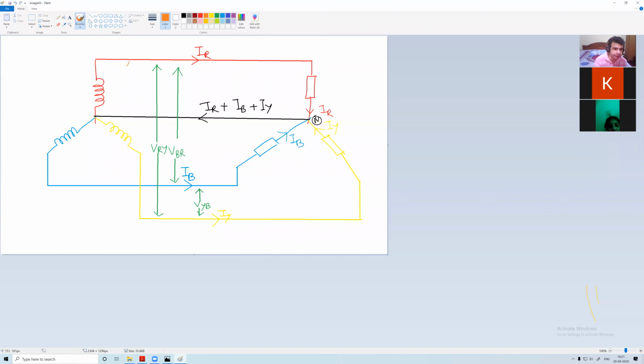The line voltages are this. I'm drawing in orange. This one. This one. And this one. So is the difference between phase voltage and line voltage clear?